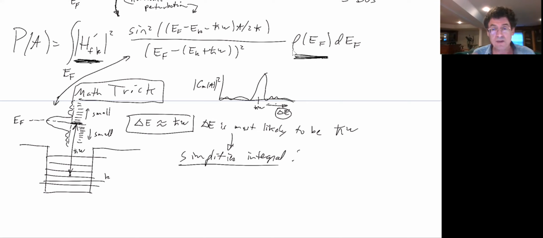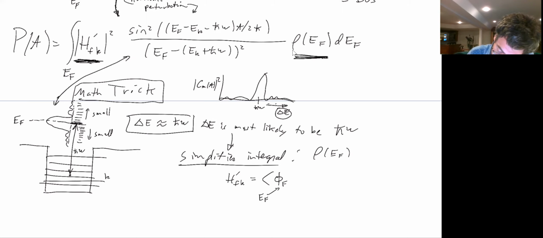Remember that the density of states depends on the final energy, and the matrix element, H prime final K, involves the final state, which depends on the final energy, and then H prime and the initial state.